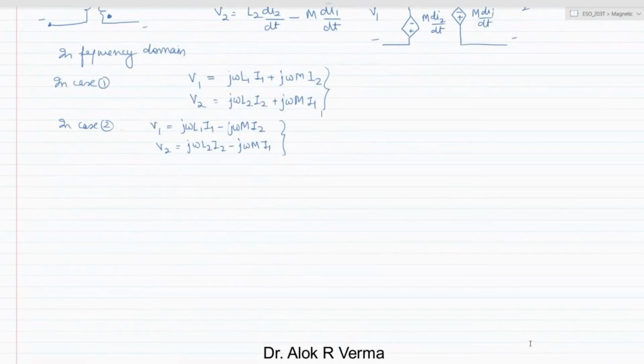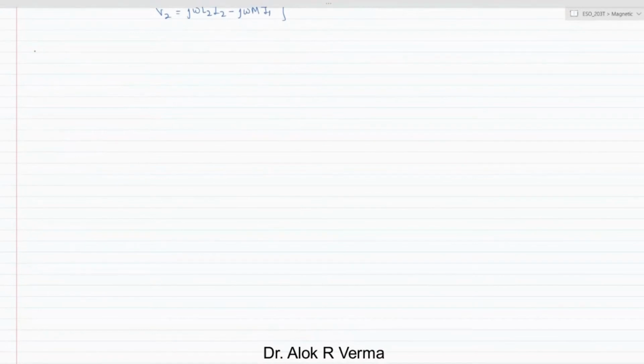So let us now consider one example where we just write the equations and see whether we have understood the concept clearly or not. Go to this page and draw one circuit. We have some resistance, and then we have a coil.